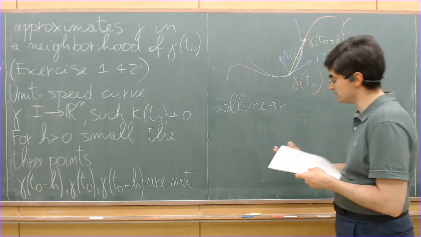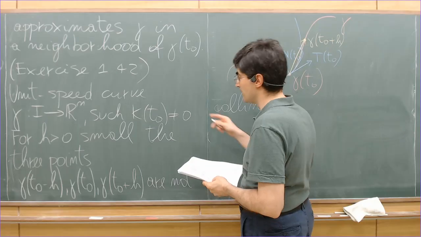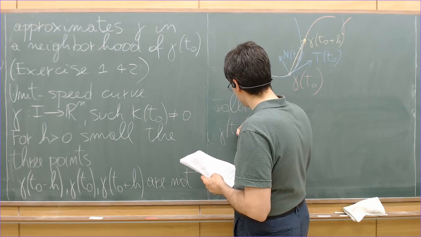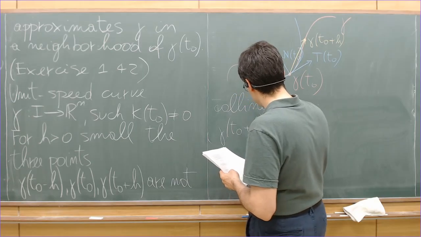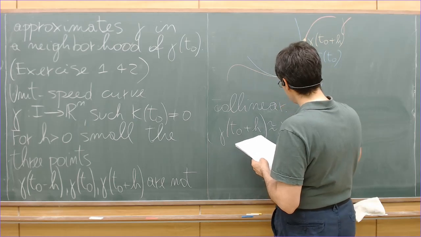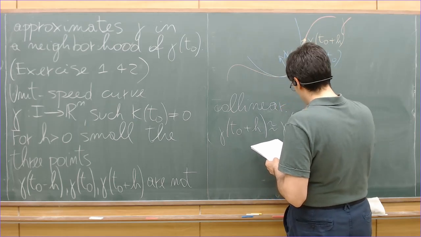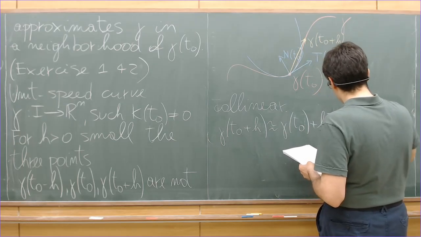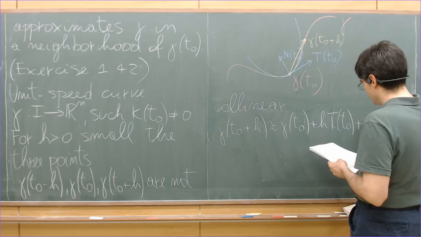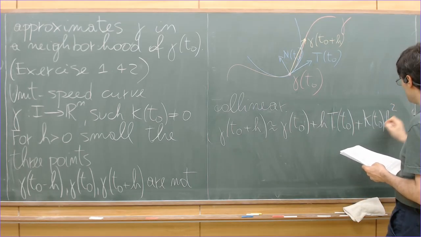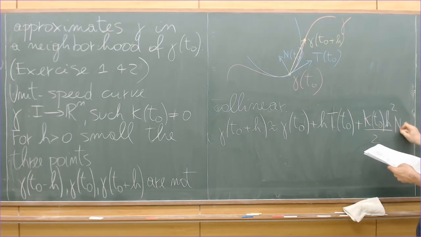Very easy. Let's look at the formula we wrote down on the blackboard before. Gamma t0 plus h is approximately equal to gamma t0 plus h t at t0 plus k t0 h square over 2 n t0.